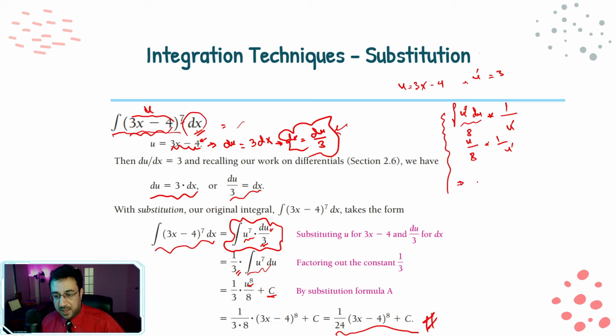If you bring back the variables that you substituted, that's 3x minus 4 to the power of 8 over 8 multiplied by 1 over 3. 3 times 8 is 24, that's 1 over 24 multiplied by 3x minus 4 to the power of 8 plus c, of course, because you did the integration over here, you always need to have the constant c.